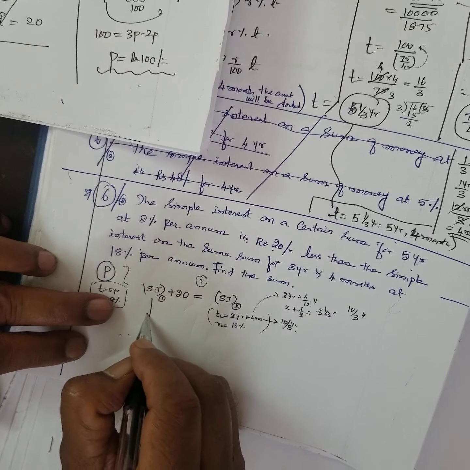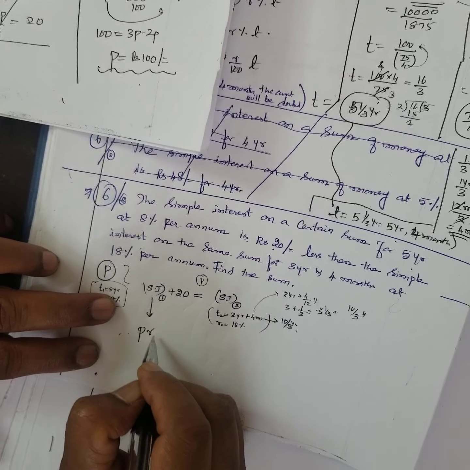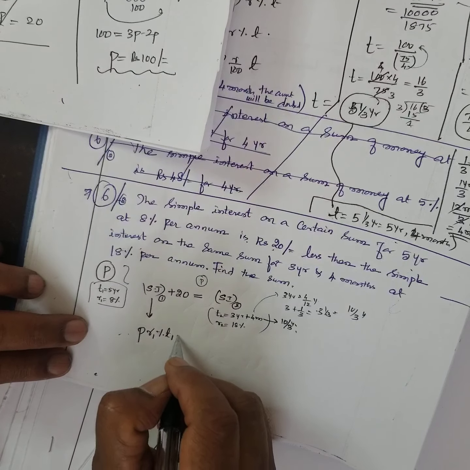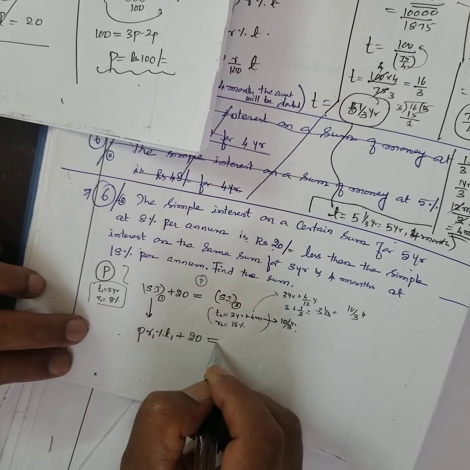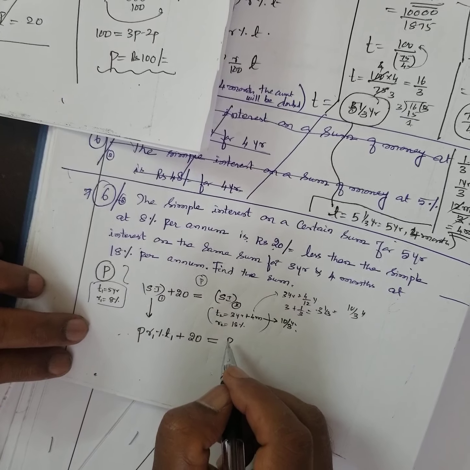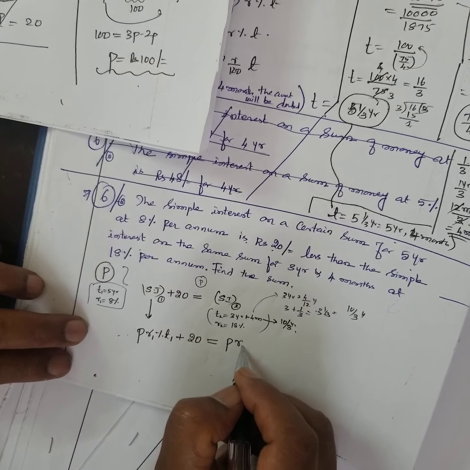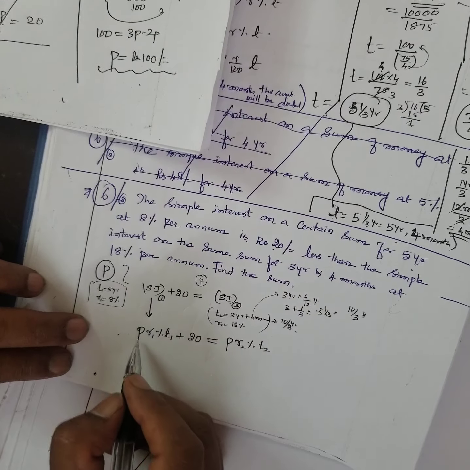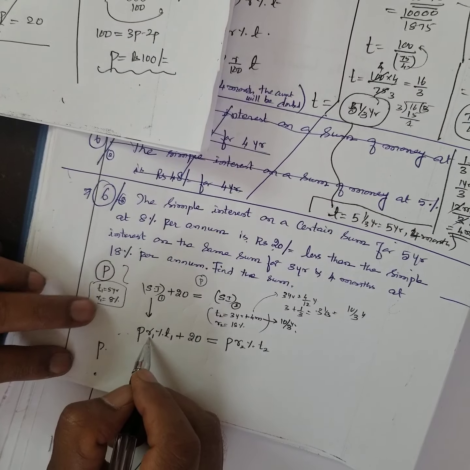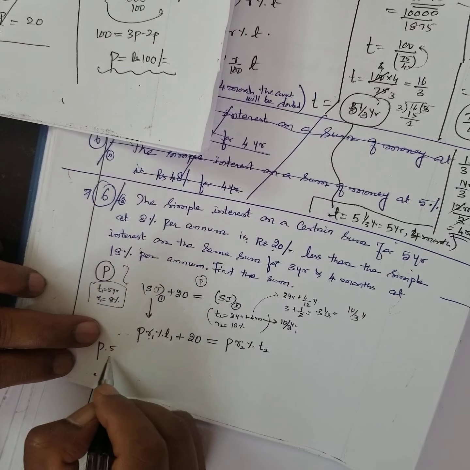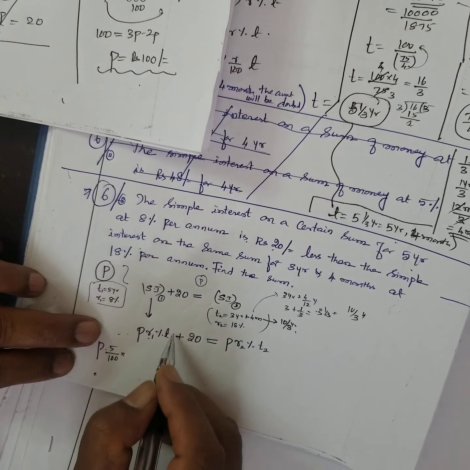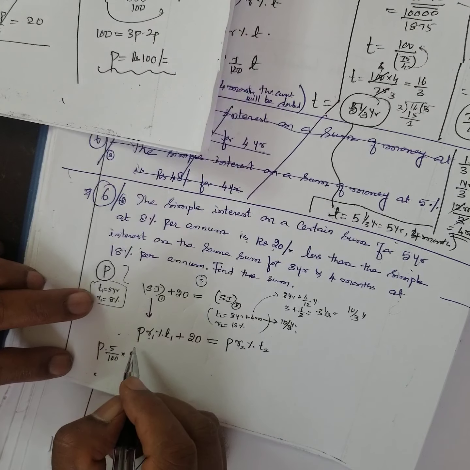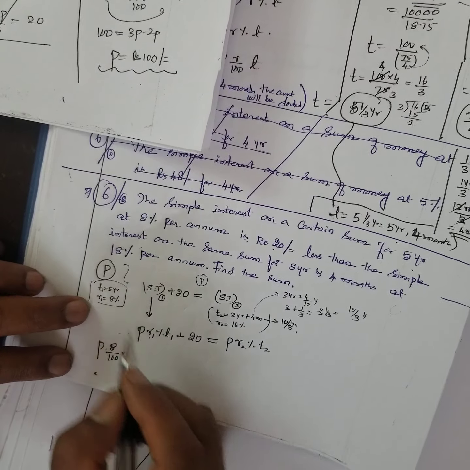Therefore, simple interest for this one, principal, rate of interest and time: T1 plus 20 is equal to same principal, but rate of interest is different, time also different. Now the principal, rate of interest R1 is what? 8%, sorry. 8%.